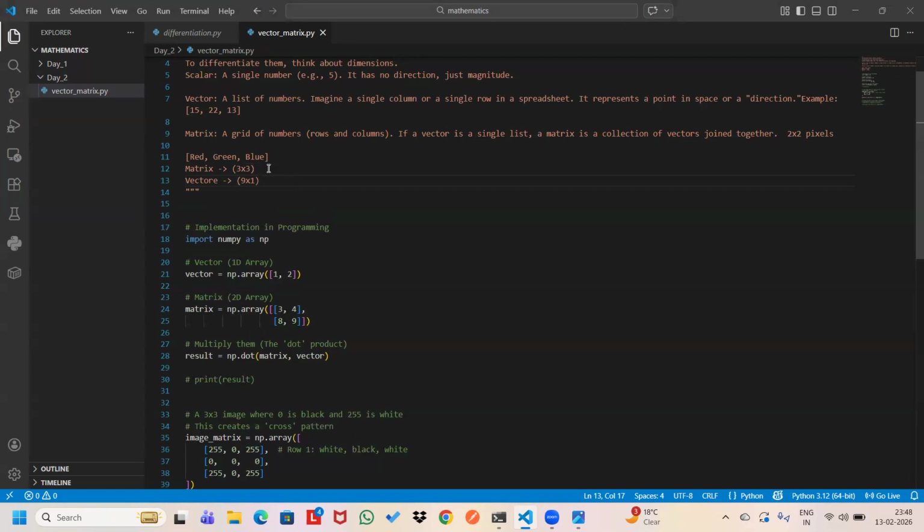And why does it matter to AI? Once your image is a vector, the computer can compare it to other vectors. Suppose there is a color combination of red, black or blue, or only white and black.